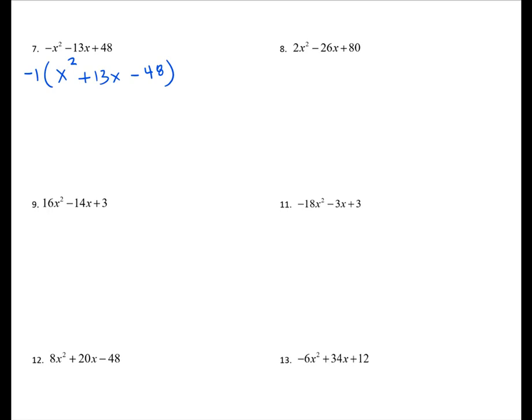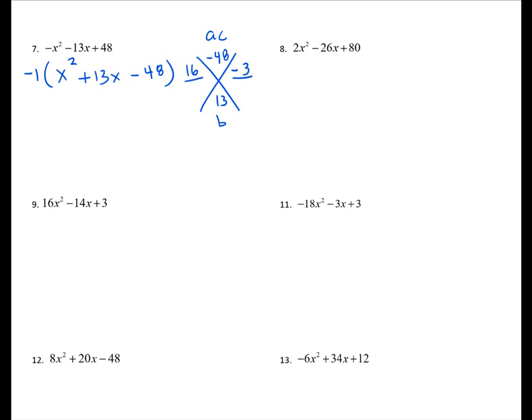So you have to make sure a is positive before you do the x. That's very important. Next thing, I'm going to do the x, right? A times c, remember this is b, so a times c, -48, b is 13. So what two numbers multiply to give me -48, but they add to give me 13? That's going to be 16 and -3.